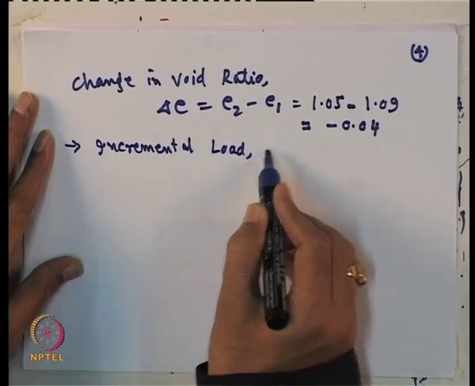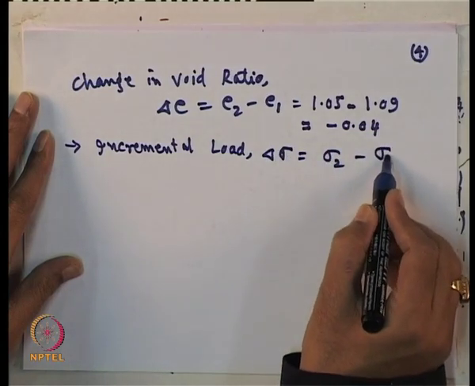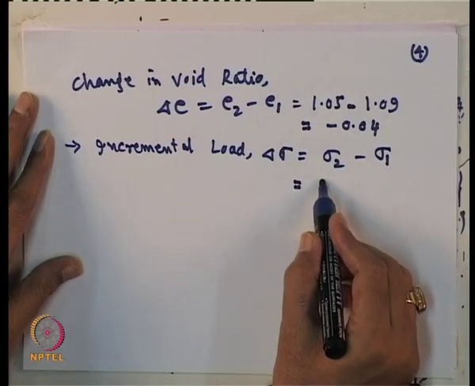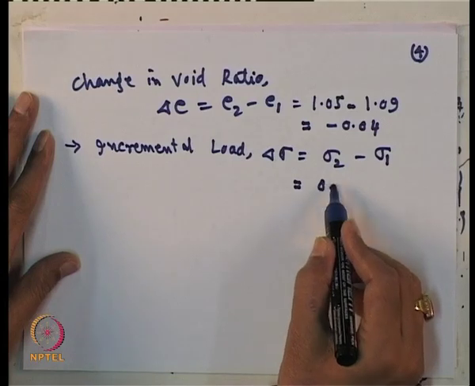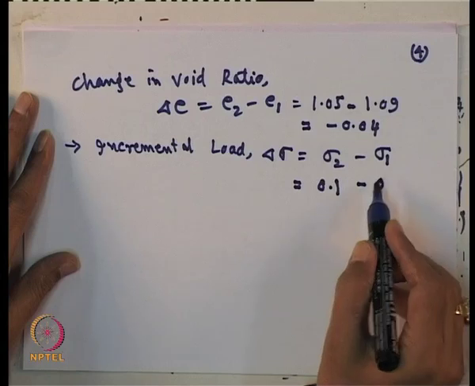Now, the incremental load, that is delta sigma, is equal to sigma 2 minus sigma 1. What is sigma 2? It's 0.1 kg per centimeter square, and the initial loading is equal to 0.